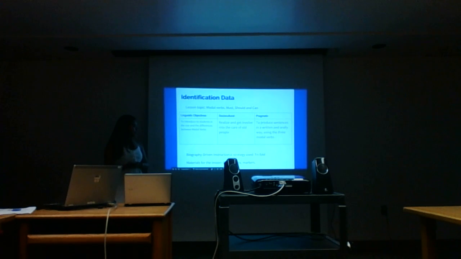The biography-driven instructional strategy that we are going to implement is the trifold that we are going to present. And for the materials for the lesson, as Beto said, we need to pay attention to the context we are working in, so we cannot ask for more material. It's just color sheets and markers.